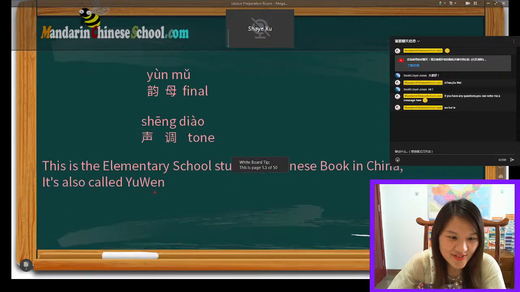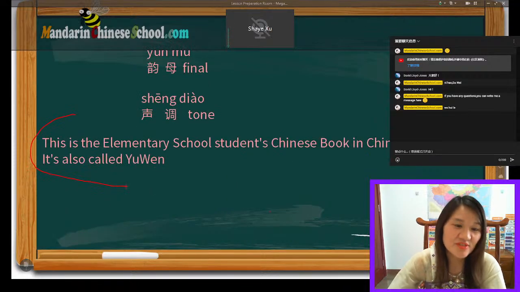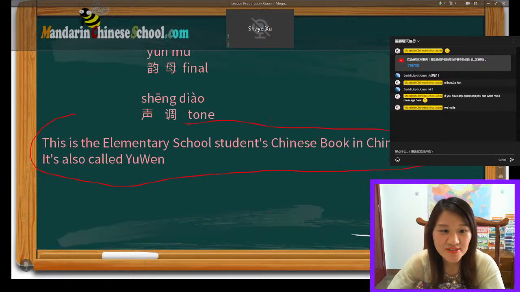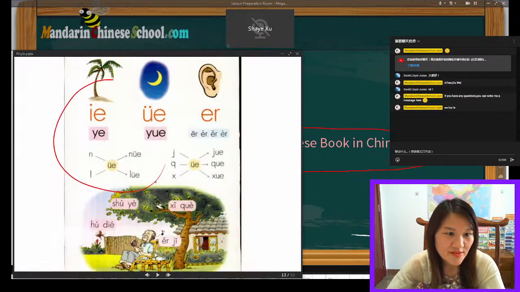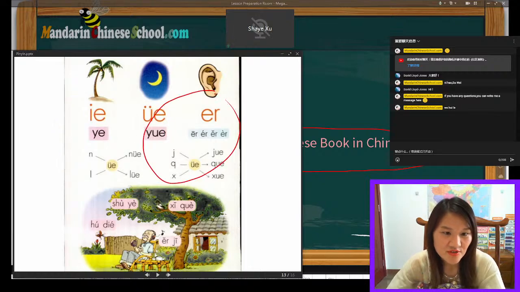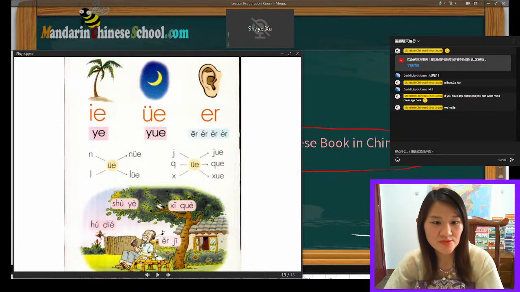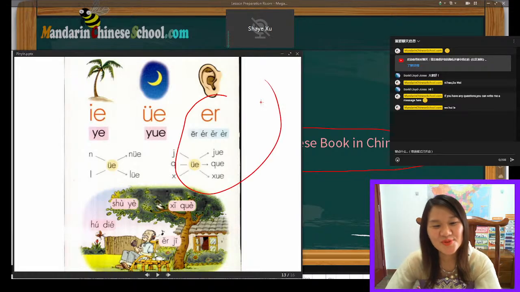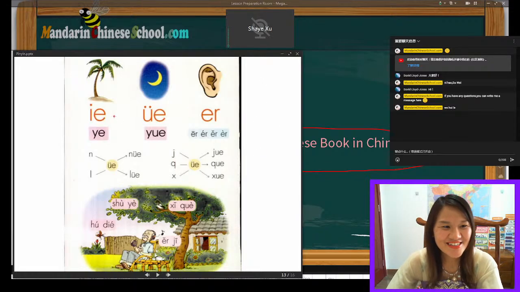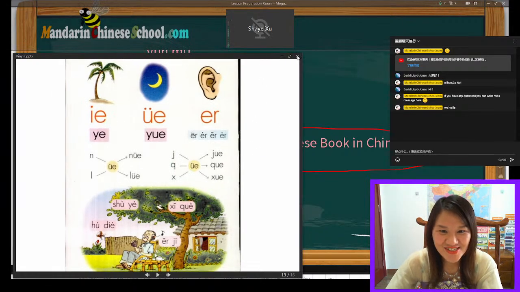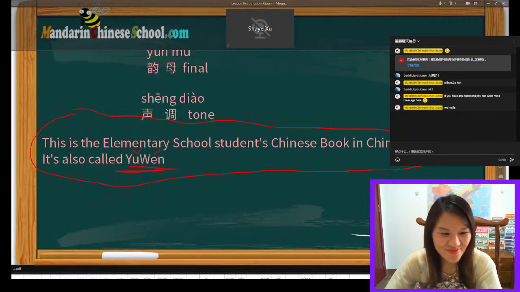So I told you this book, this is the elementary school students Chinese book in China. So it's called 语文. This is the 语文 textbook, the first grade of the elementary school. Yeah. Okay, so that's all the initials and finals.